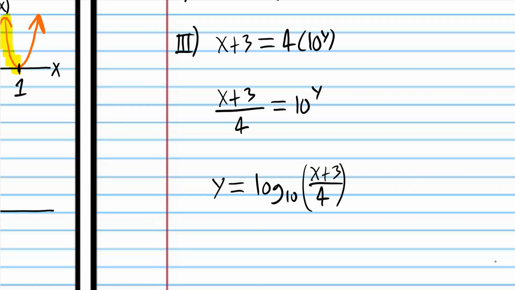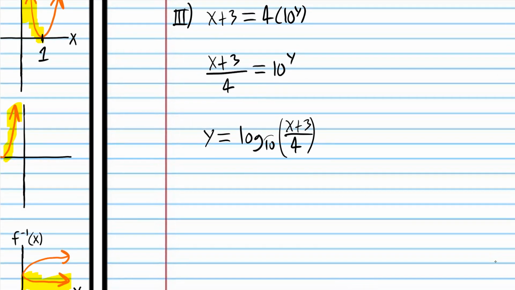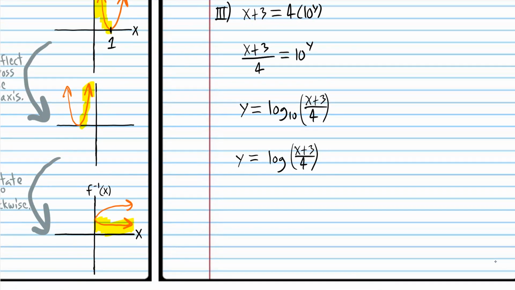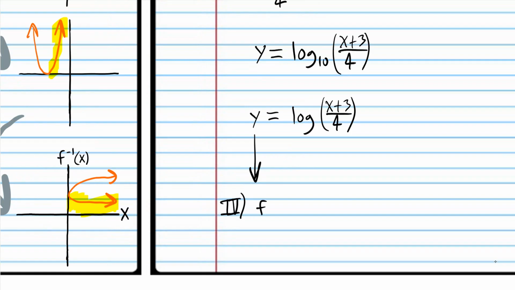That's it. But we never write log base 10. When we have that special base, we just write log. So you can write base 10 there, but it's just never done. Now we're at the last step, step number 4, where we change y to f inverse of x.